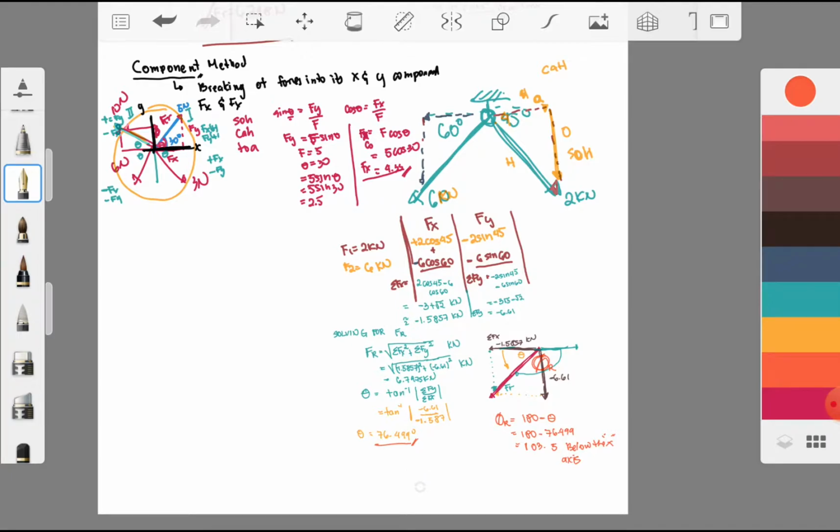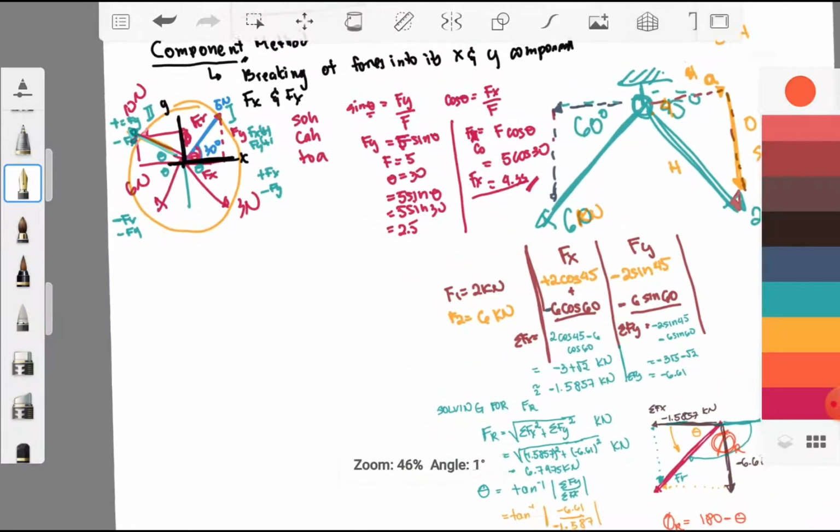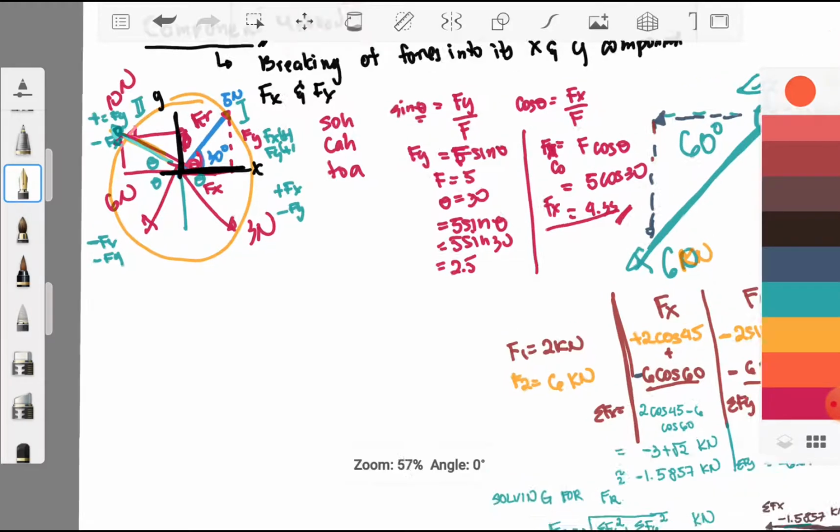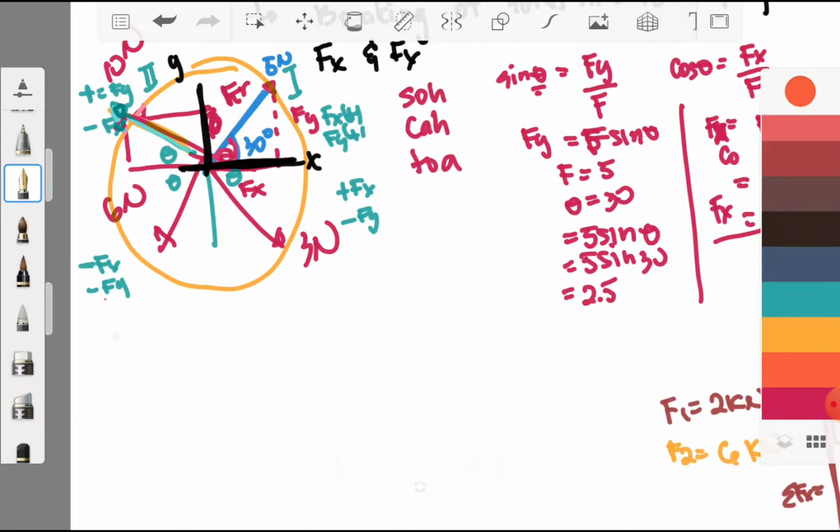Next method that I would want to show you is using our calculator method. Using our calculator method, we would directly input the value of the angle, considering your negative angles and your positive angles.